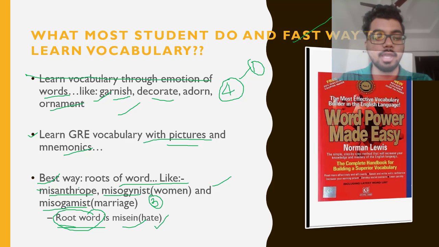The second, misogynist, is a person who hates women. The third, misogamist, is a person who hates marriage. So you can learn the same root word and catch on to the words by seeing that they use this root. Like philanthropist: phil means love and anthropos means humankind. So you can catch these words through their root.